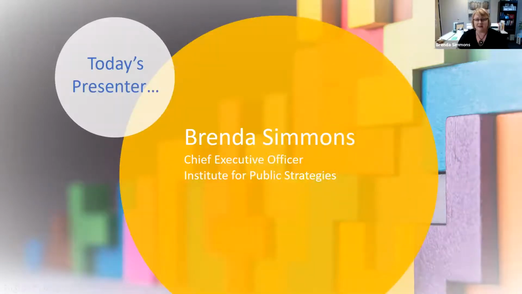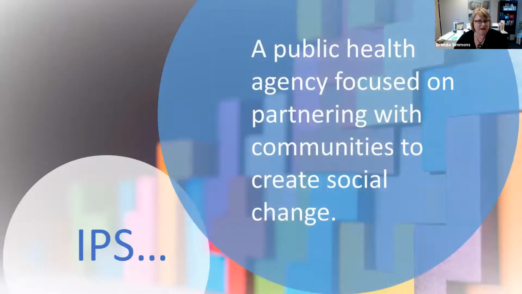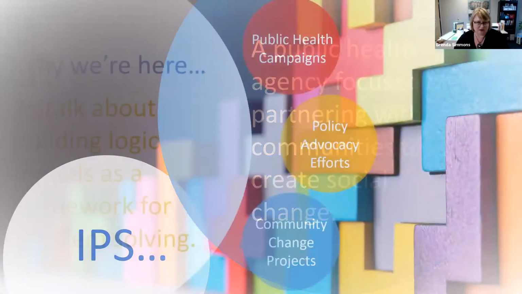My name is Brenda Simmons. I'm the Chief Executive Officer for the Institute for Public Strategies, and I'll tell you a little bit about our organization. We are a public health agency focused on partnering with communities to create positive, sustainable social change.